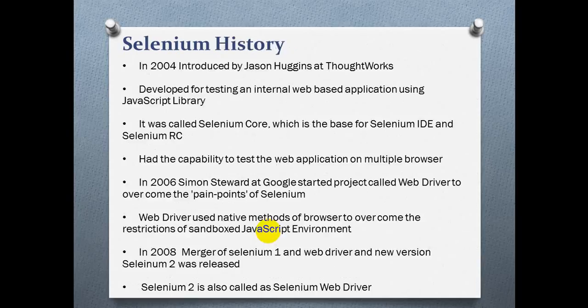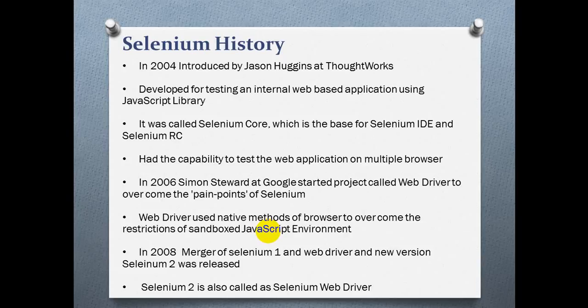And I wanted to give you the Selenium history. This is just for your reference. In 2004, Selenium was introduced by Jason at the ThoughtWorks organization. Actually, Selenium was developed to test internal web-based applications. Jason wanted to test his web-based application using a JavaScript library.